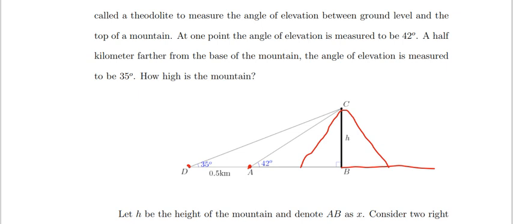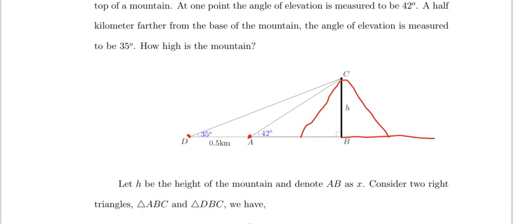We know the distance DA, but we don't know AB. So we assume this distance AB is x. We don't know x, and we don't know h.